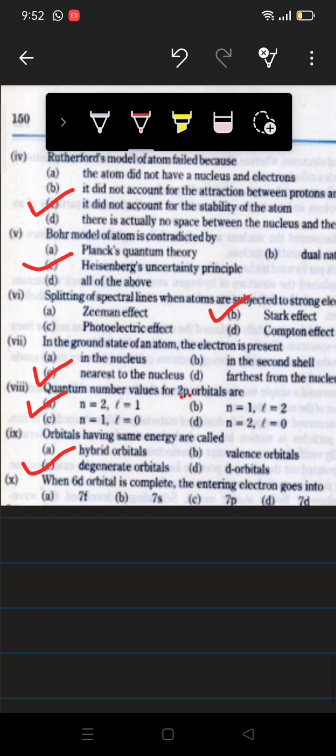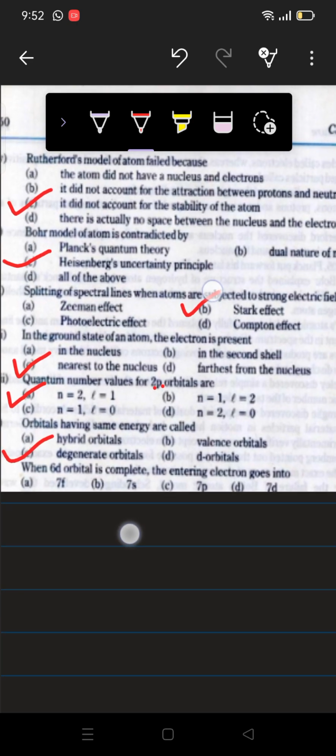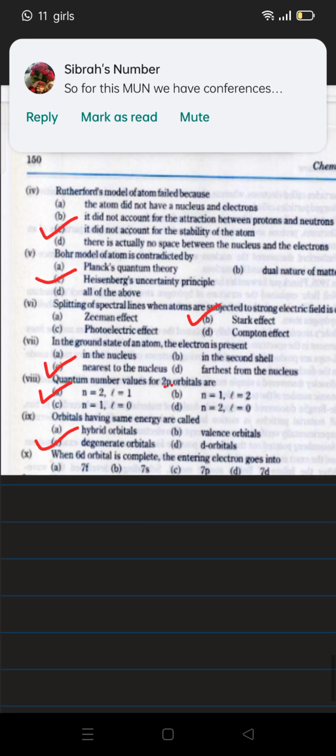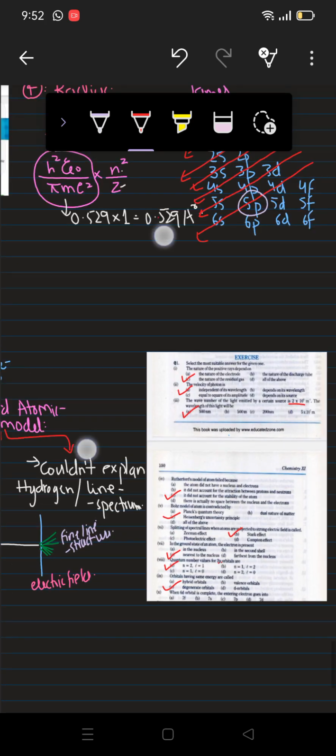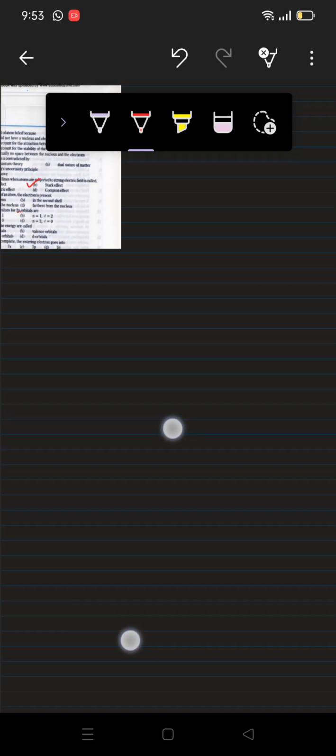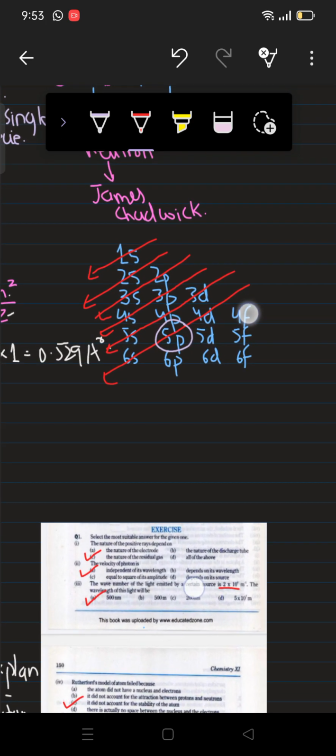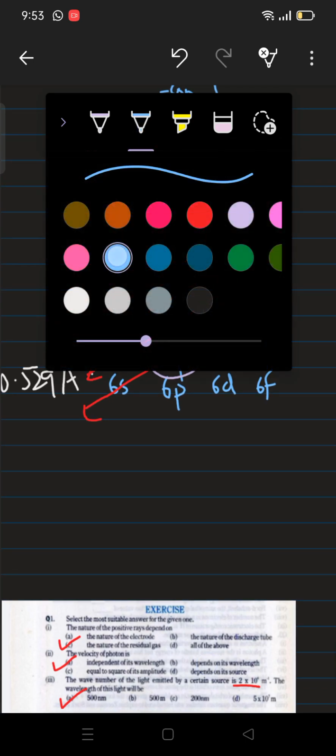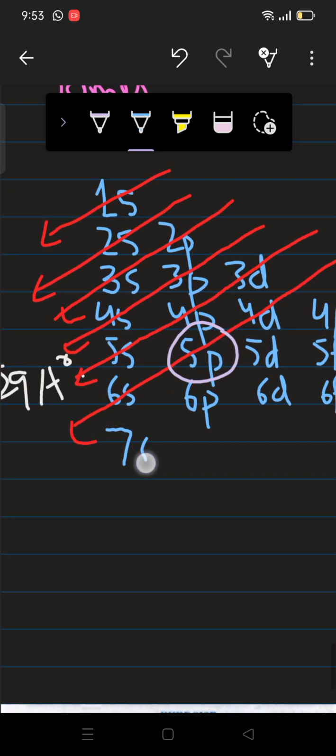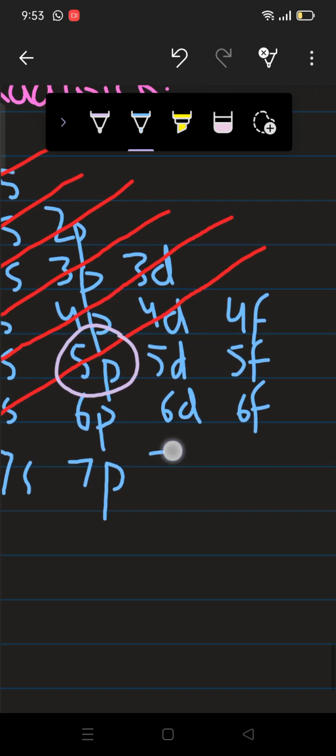When 6d orbital is completed, the entering electron goes into, of course we can go here and find by this. I can write here 7s, 7p, 7d and 7f.